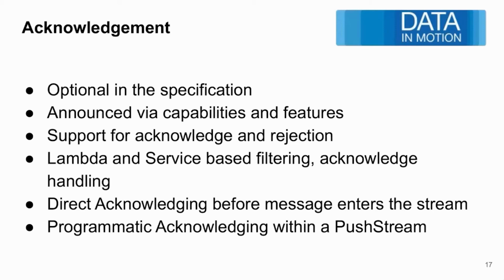We know two variants of handling acknowledgement. We have direct acknowledgement. That means that messages will be acknowledged or rejected using filters or callbacks before they enter a push stream. And on the other hand, we have programmatic acknowledgement, where you have the possibility to handle these actions during the processing of the messages in a push stream.